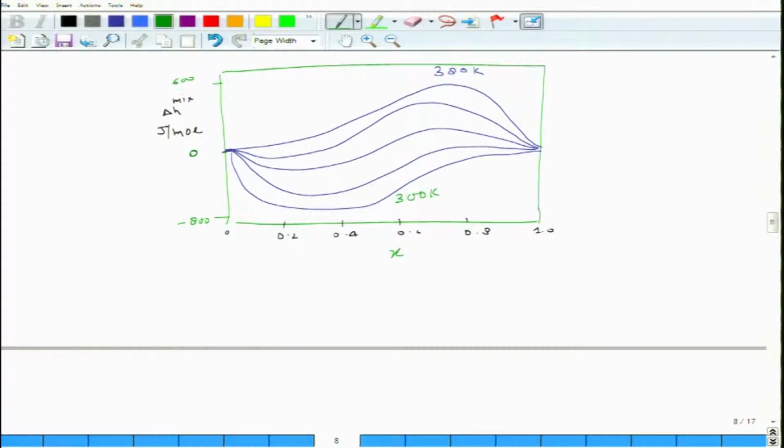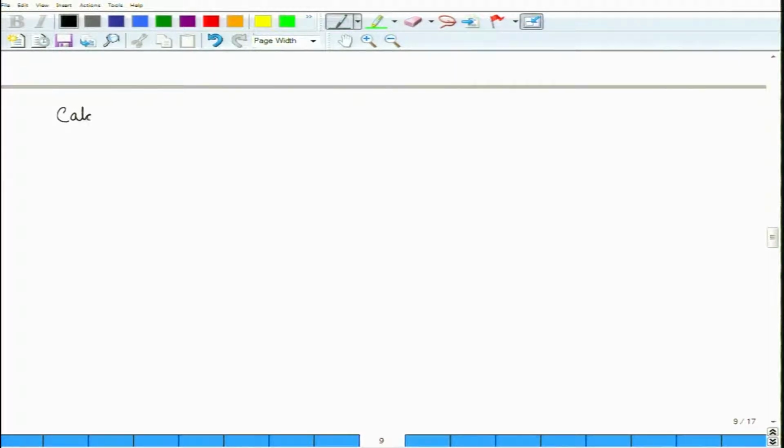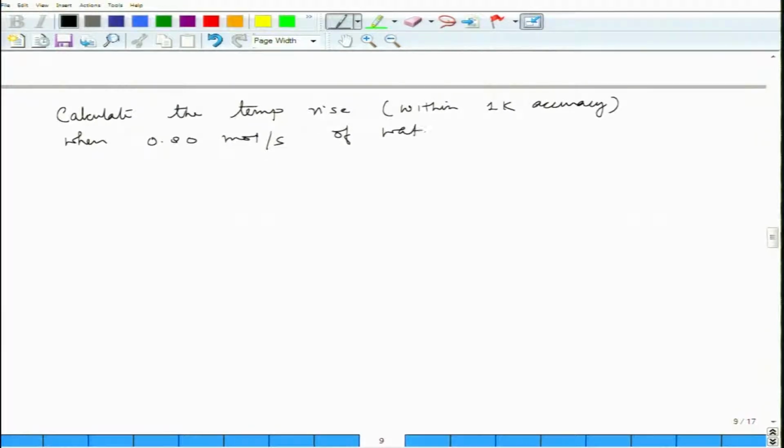And the question is the following: we need to calculate the temperature rise within 1 Kelvin accuracy, when 0.8 moles per second of water are added to 0.2 moles of pure ethanol.